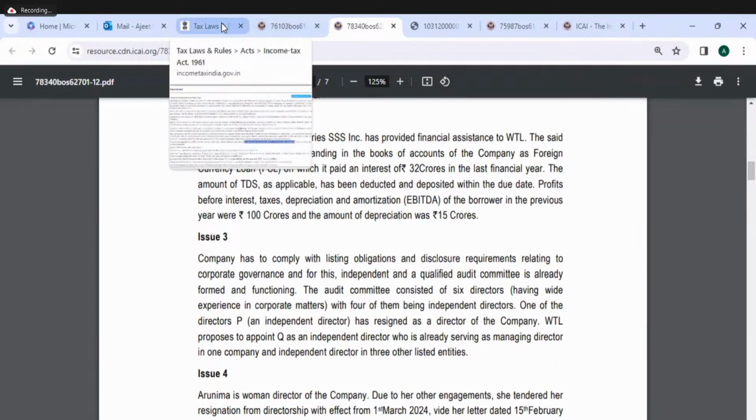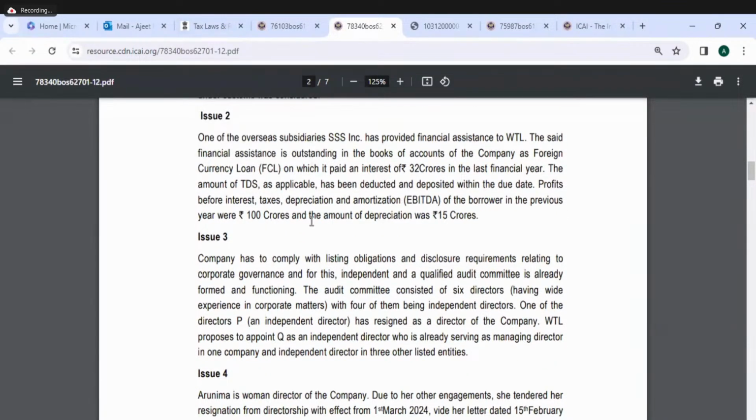Section 94B restricts the interest up to 30% of EBITDA. So the EBITDA to be considered, should it be 100 crores in this case, or 100 crores plus 15 crores, 115 crores? Yes, Jyoti Kumari, you are right.